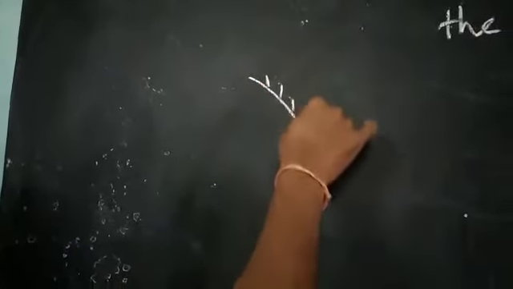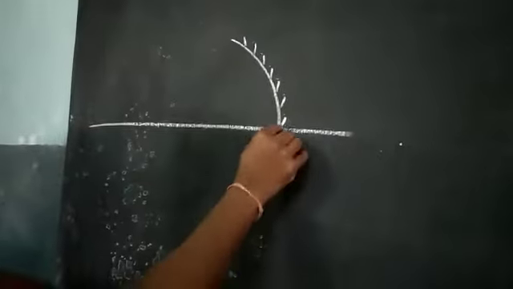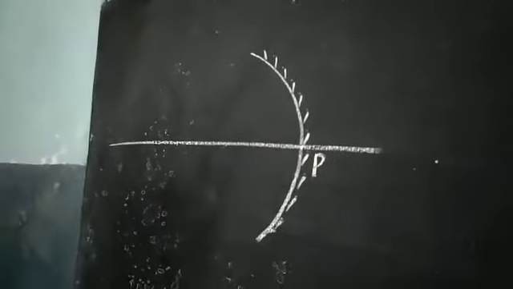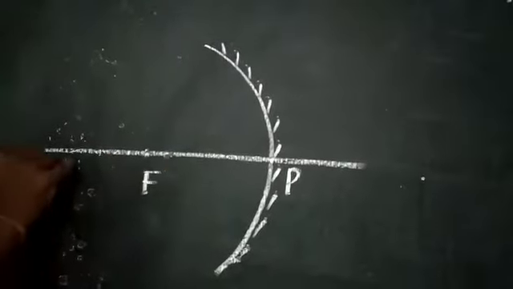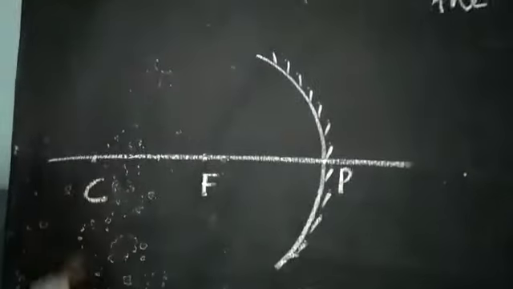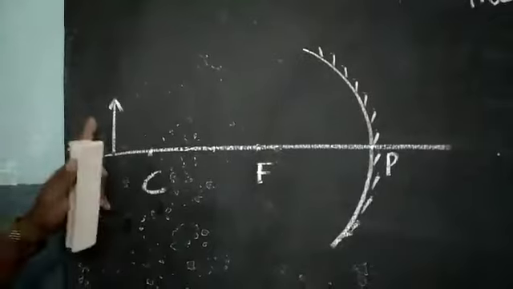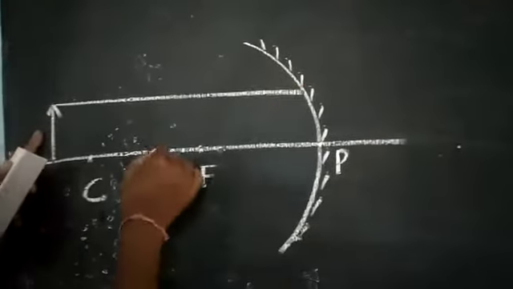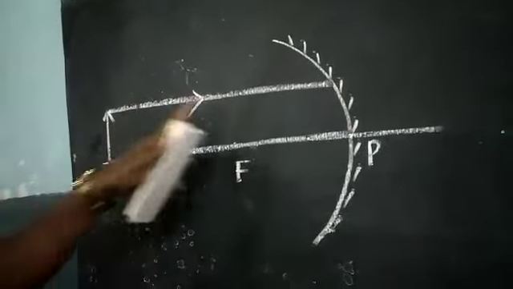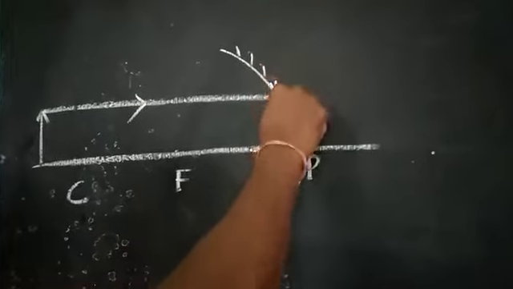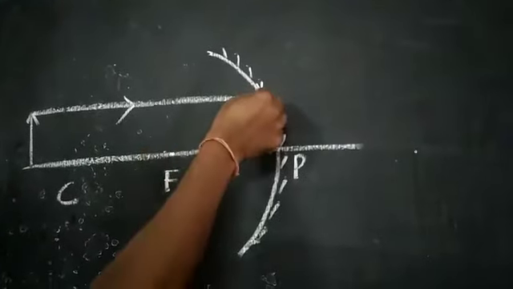So this is the concave mirror, this is the principal axis with pole P, this is the focus F, and this is the center of curvature C. When the incident ray of light from the object is parallel to the principal axis, after striking the mirror it passes through the principal focus.